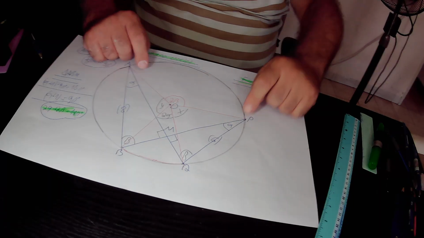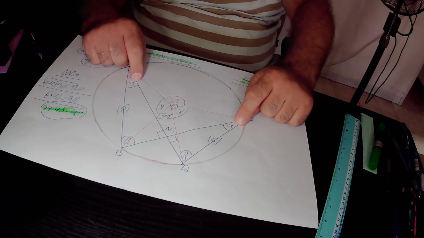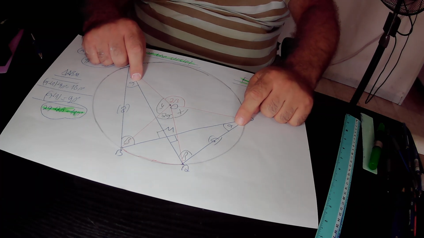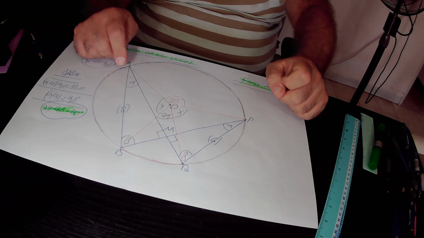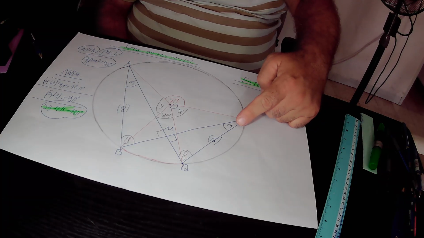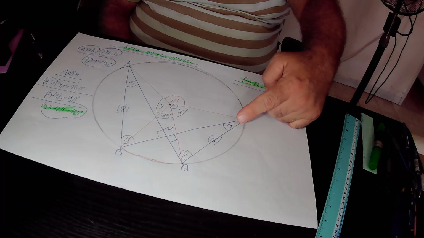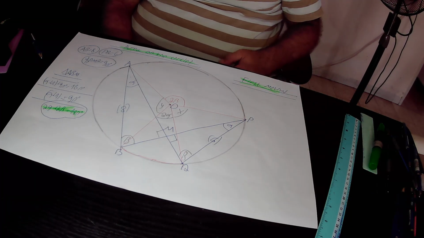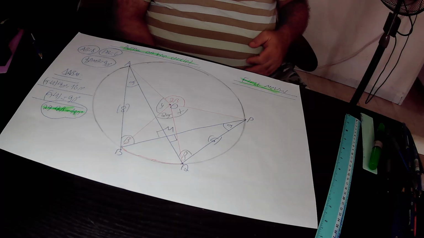And because those two peripheral angles subtend on the same arc, they must be equal to each other in their sizes. So if the size of this peripheral angle BAQ is alpha, then the size of this peripheral angle BPQ must also be equal to alpha, according to Rule 29.